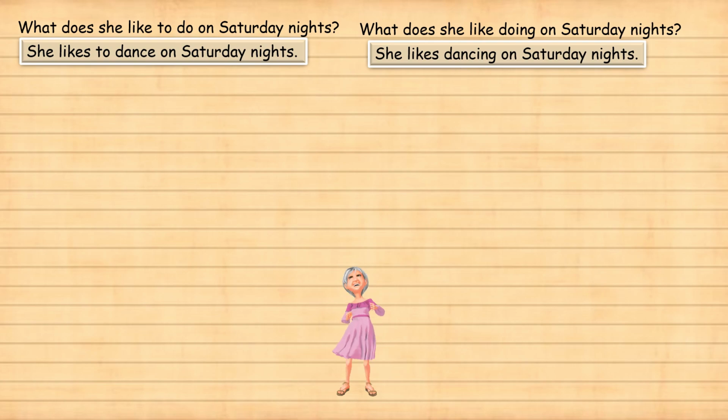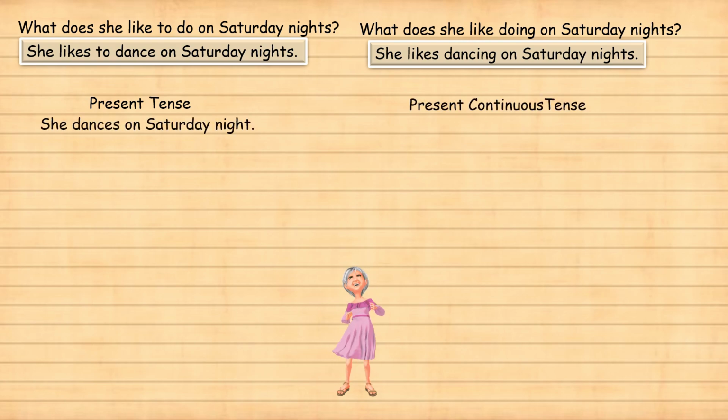Write the sentences in present tense and present continuous tense. To dance is a regular action verb. She dances on Saturday nights. She is dancing.